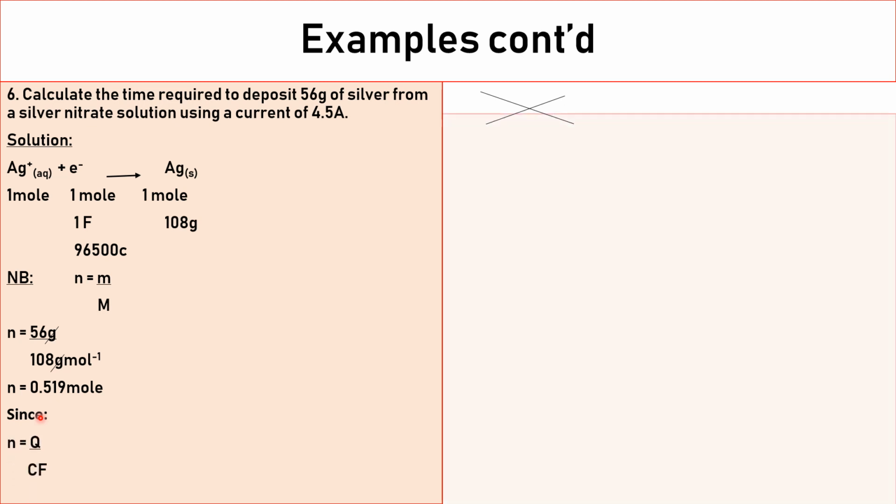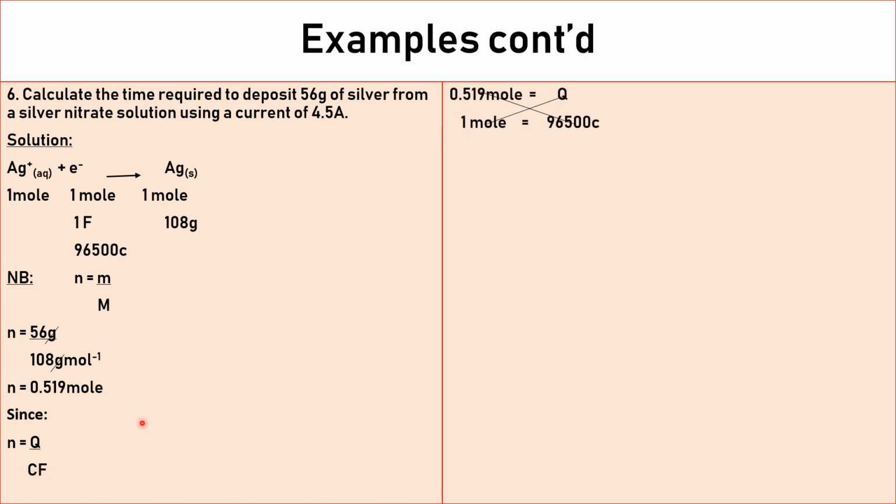In our previous work we have already defined mass over molar mass to be equal to Q over CF, and mass over molar mass is equal to number of mole. Therefore, we can substitute number of mole for mass over molar mass, and we have another equation: number of mole equals quantity of electricity divided by CF.